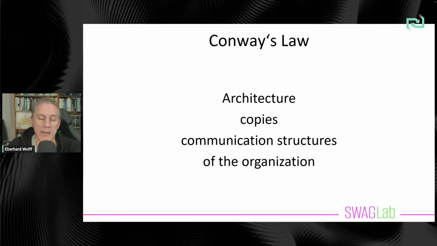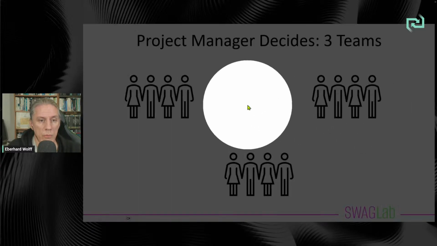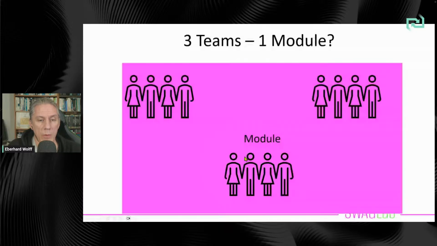Now, if we apply that rule to the example that I just gave, then we have a problem, because what this actually means is that we have three different teams. So here's one, and here's one, and we have one module. And that is something that Conway's law says is not really possible.